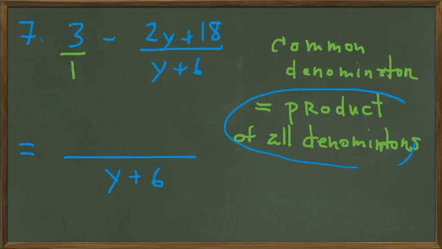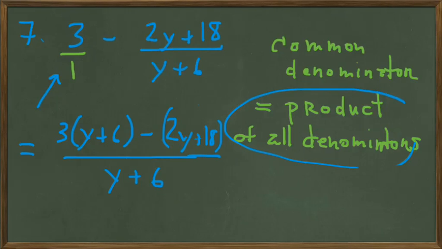So this fraction right here did not have y plus 6 as a denominator. We're wanting to make it so that it now does. So we're going to have to take that 3 and multiply it by what wasn't there in the denominator before, y plus 6, whereas with the other numerator, the 2y plus 18, it already had the denominator of y plus 6, and so we don't have to make any change to that.